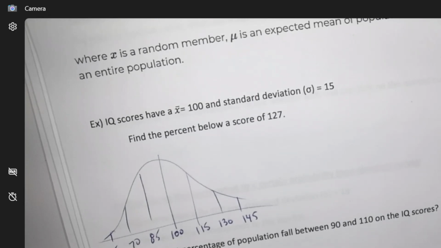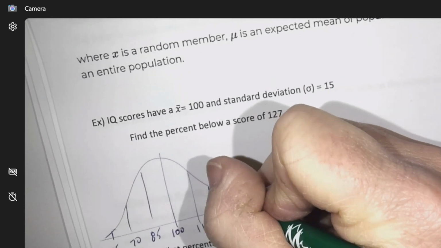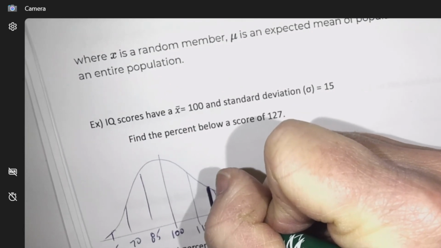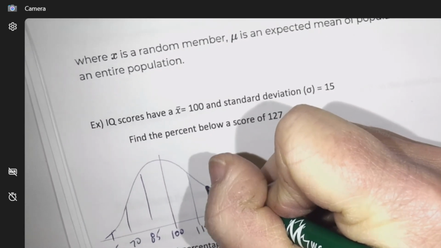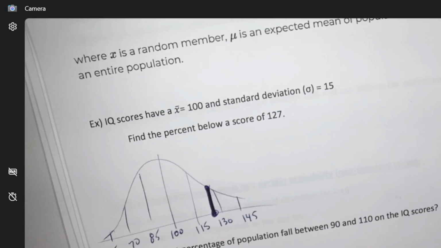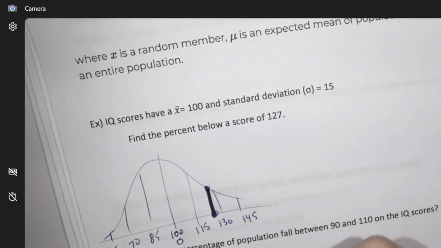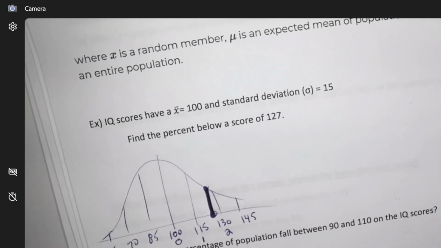So somebody who scored a 127 would be right here. So 127 is there. Do you have a prediction of what their z-score would be? Because this average is 0, a little less than 2.